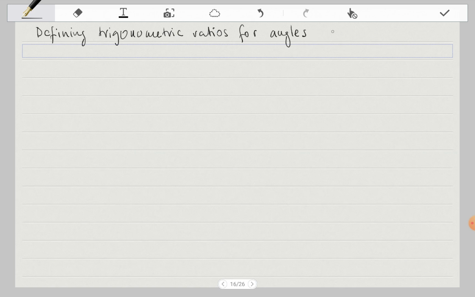This is quite important, especially when we start looking at the applications of trigonometry on the Cartesian plane and looking at angles that are bigger than 90 degrees. So let's have a look and see.